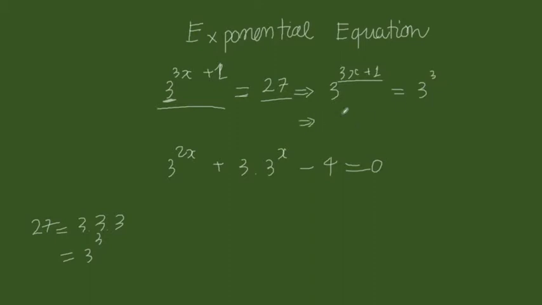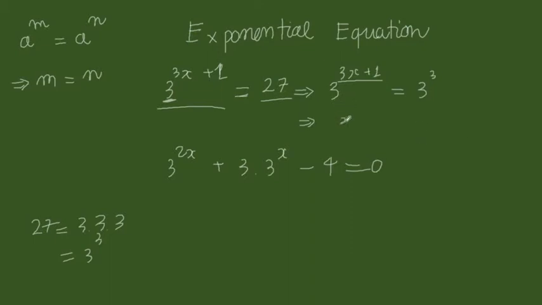So you can use the formula: a power m equal to a power n means m equals n. It means when you have two exponential numbers equal to each other, and each has the same base number, you can set the power numbers equal.